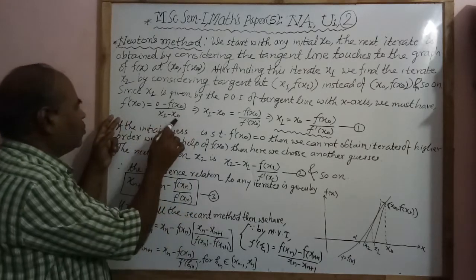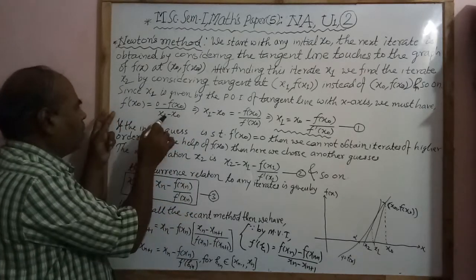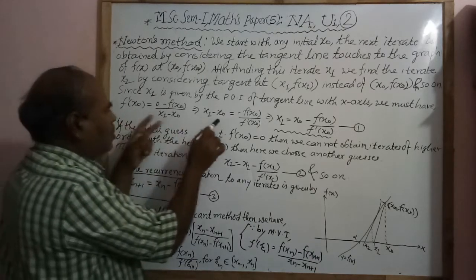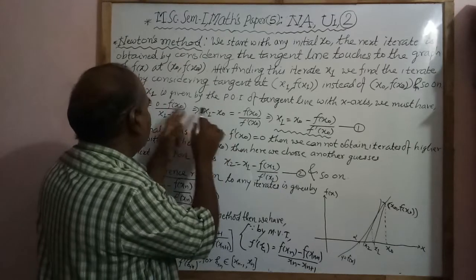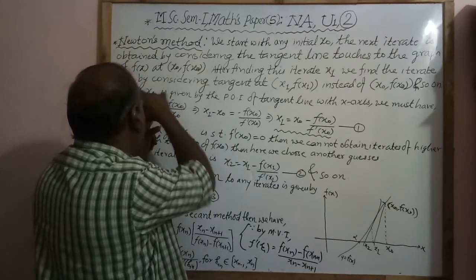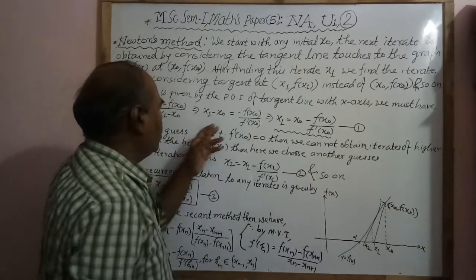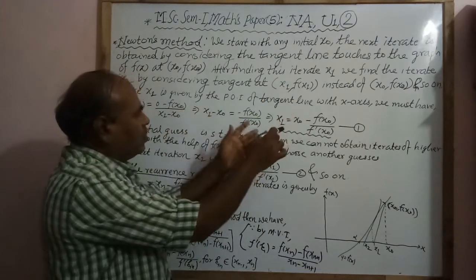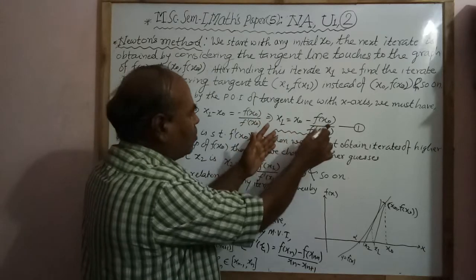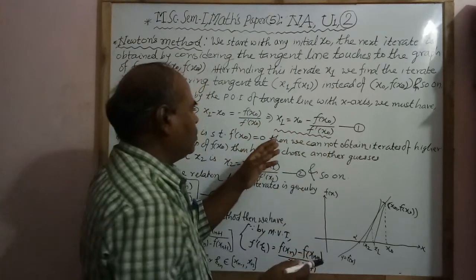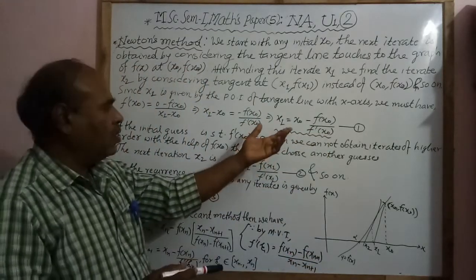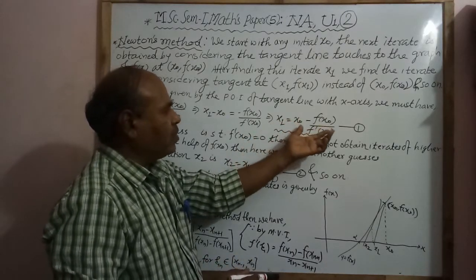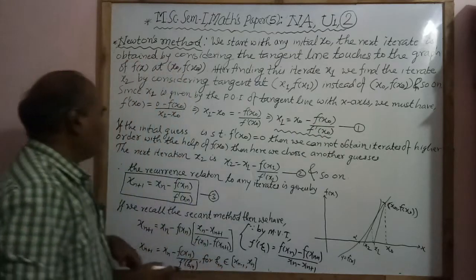Cross multiplying, x1 minus x0 into f dash of x0 equals minus f of x0. Therefore, we find the value of x1 taking x0 on the right hand side: x1 equal to x0 minus f of x0 divided by f dash of x0, which is the first iterate. x1 is given by this formula, equation number 1.